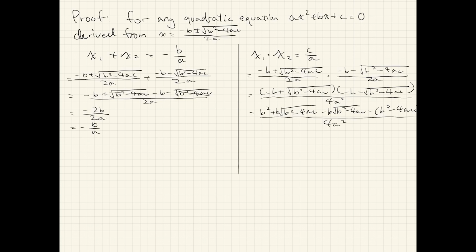So we have to use a technique called distributing. We multiply the first negative b by the second negative b, and the first negative b by the second negative square root of b squared minus 4ac, and then we take the first positive square root of b squared minus 4ac times negative b, and also times the negative square root of b squared minus 4ac. So for the first one, negative b times negative b, we get b squared, and for negative b times negative square root of b squared minus 4ac, the negatives cancel out, so it's positive, and we get positive b times the square root of b squared minus 4ac.